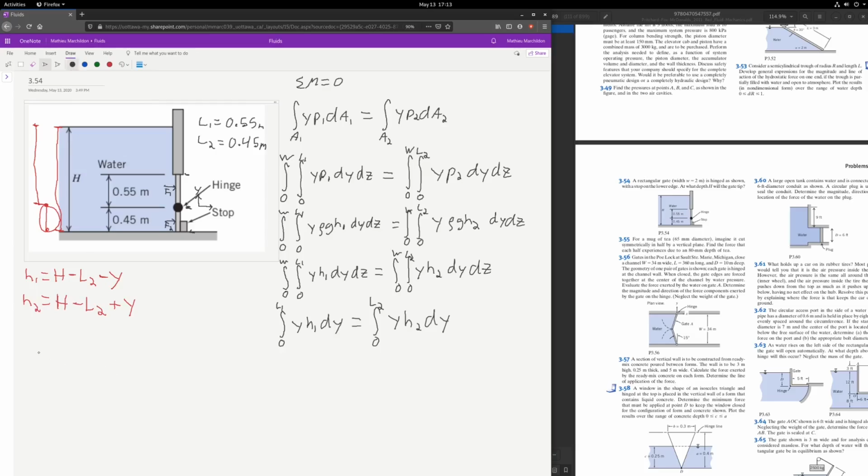So now the general equation becomes the integral from 0 to L1 of y times h minus L2 minus y dy, is equal to the integral on the other side, with h minus L2 plus y.